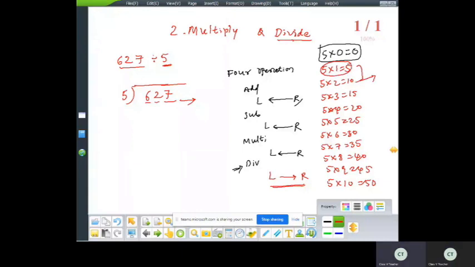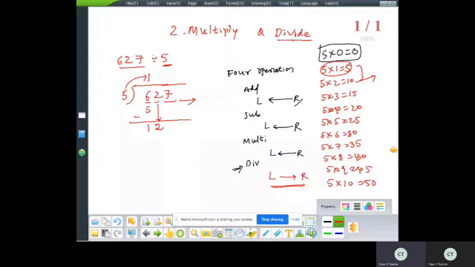5 ones are 5. Now we do subtraction. 6 minus 5, 1. The next digit from 627 is 2. The digit 2 drops down. Now it is 12. In the 5 table, there is no 12.